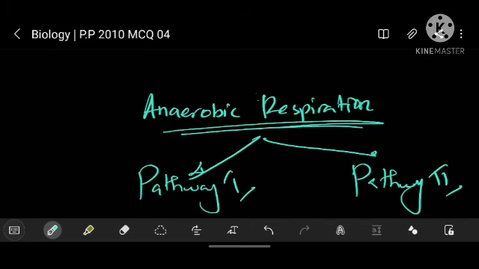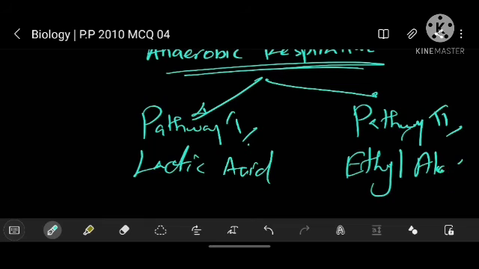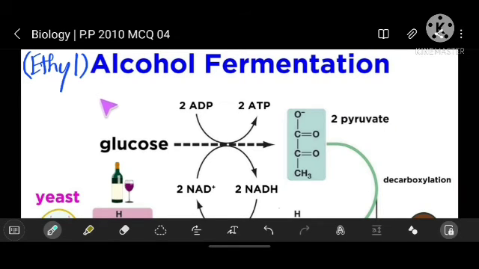The first one is lactic acid fermentation, and the second one is called ethyl alcohol fermentation. The question is about ethanol fermentation. Let's talk about ethyl alcohol fermentation. The first step of this fermentation is glycolysis.